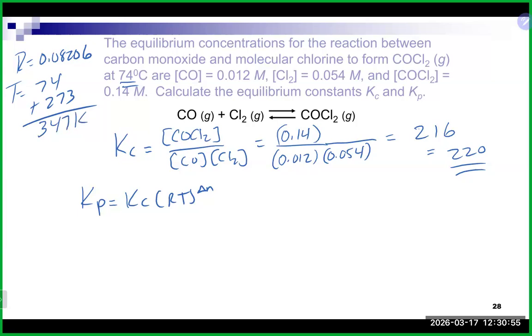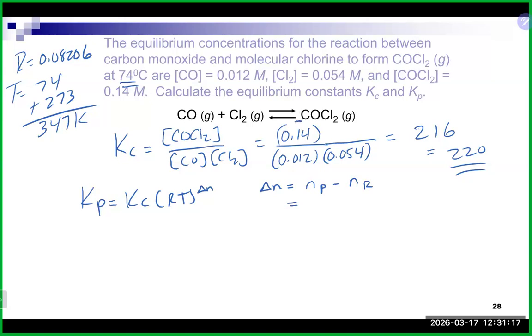We also want to figure out our delta n, which is the change in moles of gas molecules only. So delta n would be the moles of product gas molecules minus the moles of reactant gas molecules.